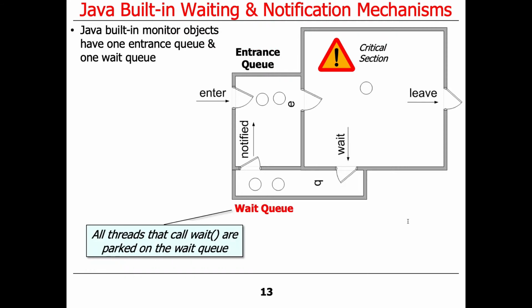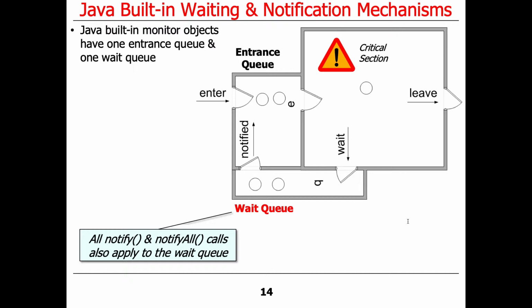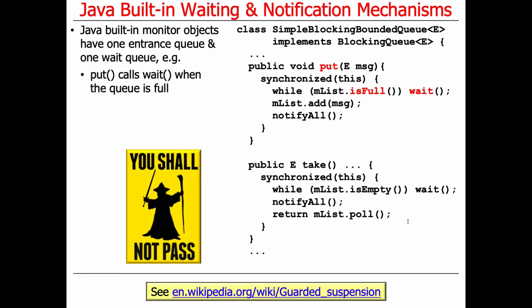And the wait queue is where waiting threads are parked until they're notified they can make progress, until the conditions have changed so they may be able to make forward progress. All methods on an object related to notify, notifyAll always work on the one and only wait queue associated with that particular object. And therein lies the problem.